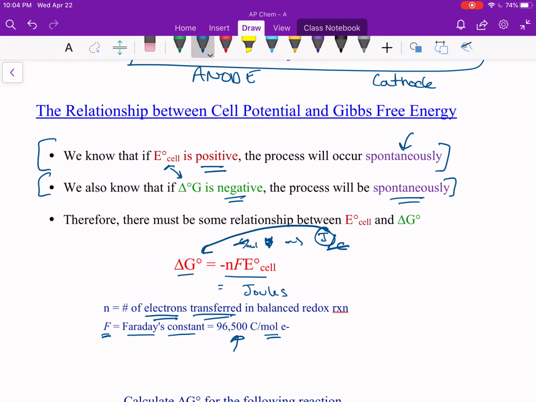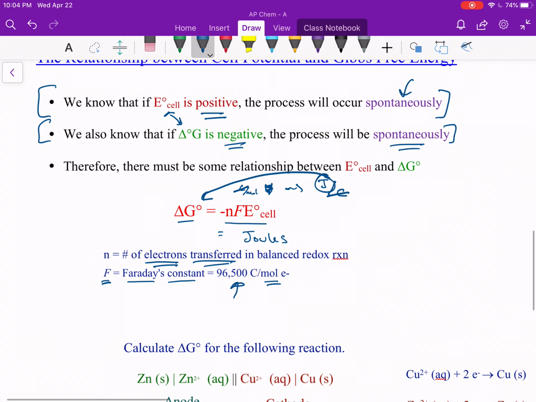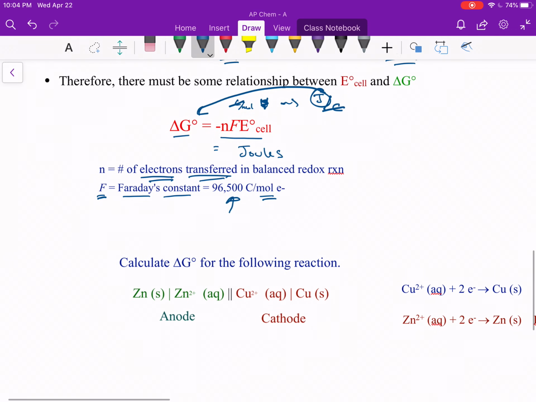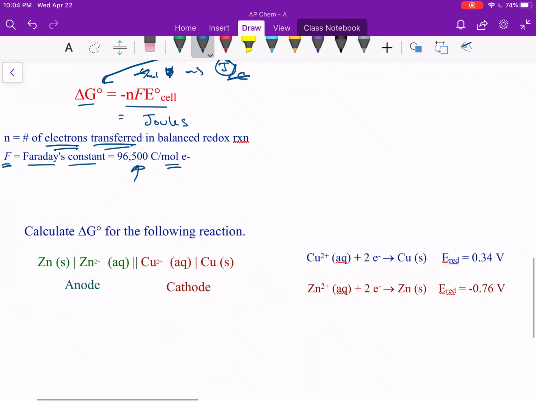So how can we calculate what delta G would be for our zinc copper cell? Remember we have this over here, and we now know that copper is at our cathode, so we know that's 0.34 volts. We know zinc here is negative 0.76.